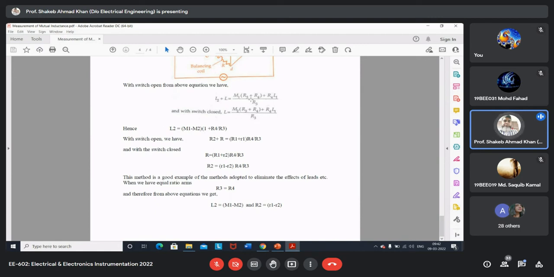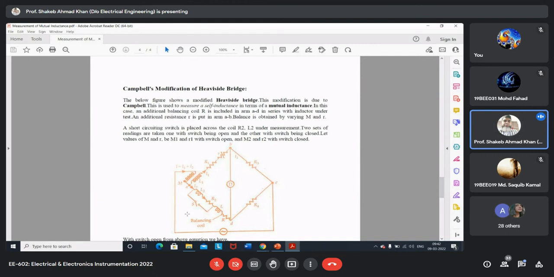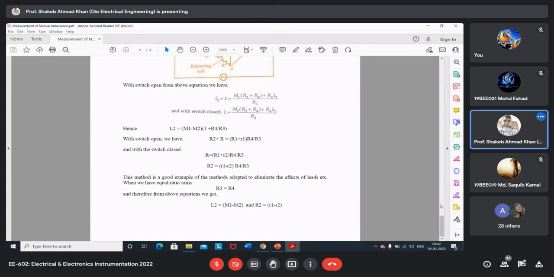And when the switch is closed, your testing coil is shorted. Only the balancing coil is in the circuit, and again the bridge is balanced, and this will give you only L. Then we subtract this equation by this, and we get only L2, and this is the result.